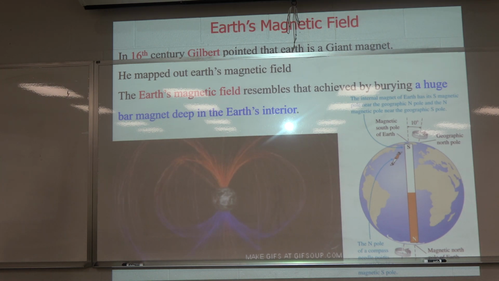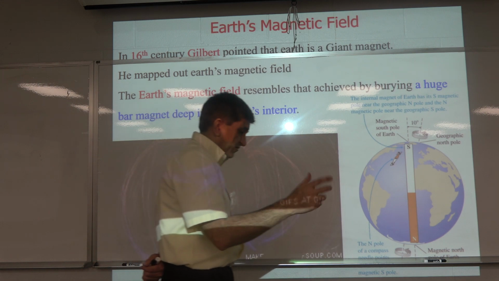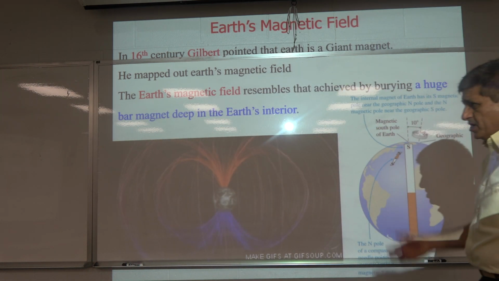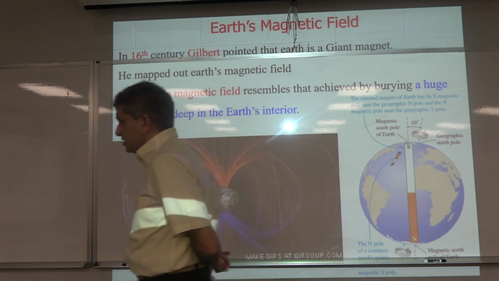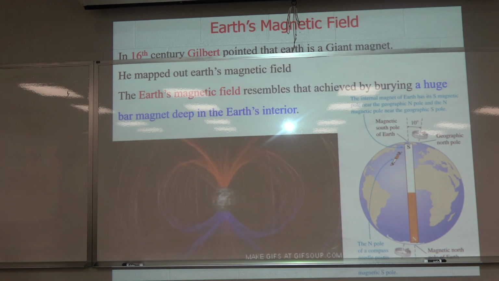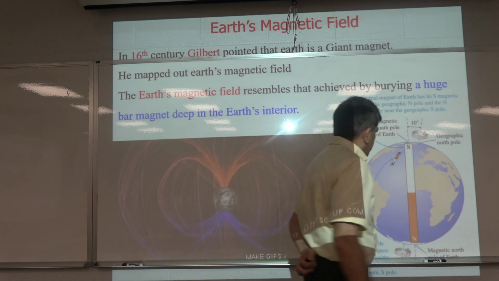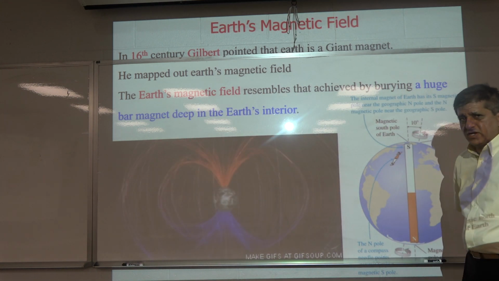Well, the earth is rotating, it's made of atoms. So it behaves like there is a giant big magnet in the center of the earth, in such a way that the north pole of the magnet is at the geographic south, whereas the south pole of this giant magnet is at the geographic north.